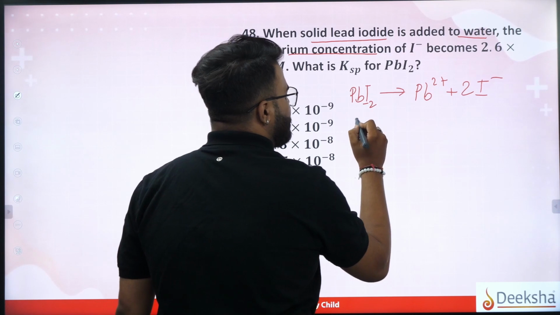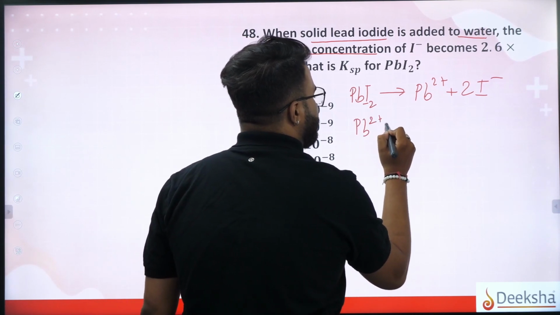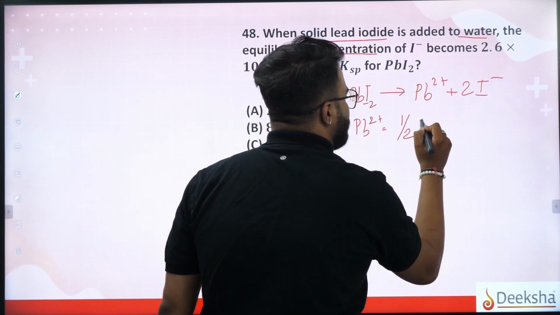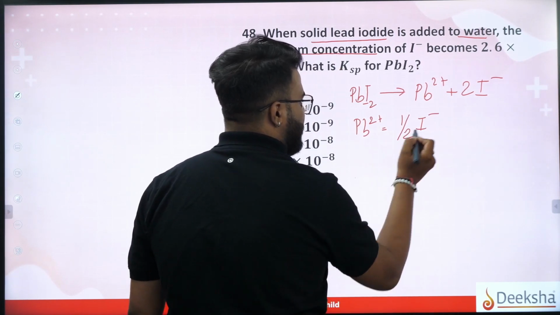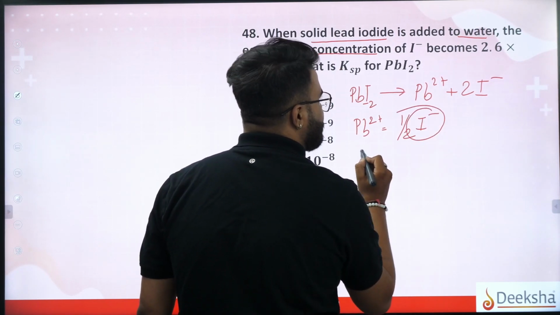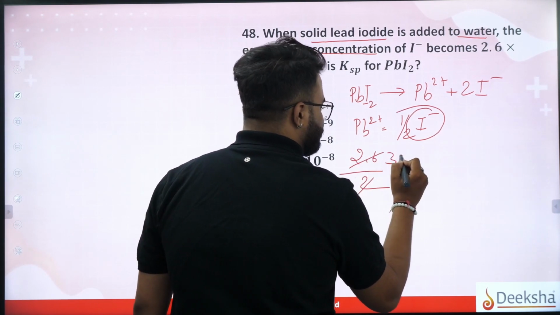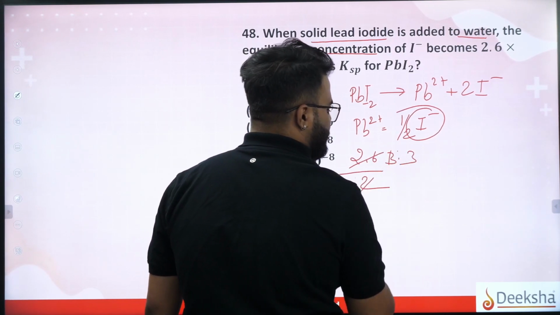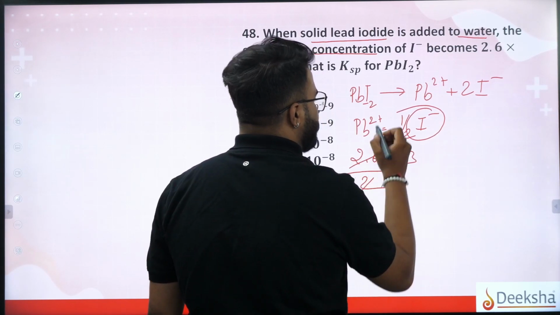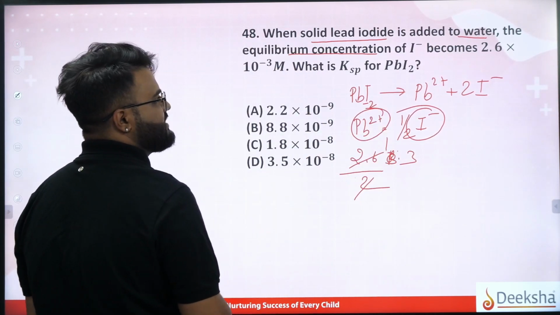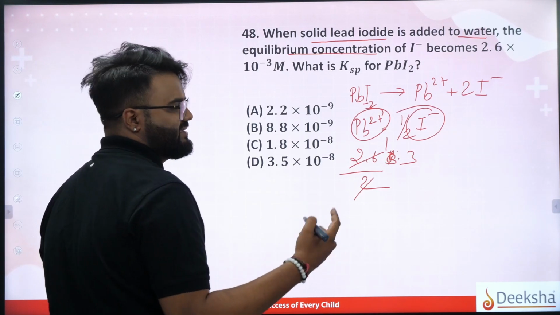So we know that Pb2 plus is half of the I minus ion. Then the concentration of I minus is 2.6, as given, divided by 2, then it will be 1.3. Then the concentration of Pb2 plus is 1.3 into 10 to the power of minus 3 molar.